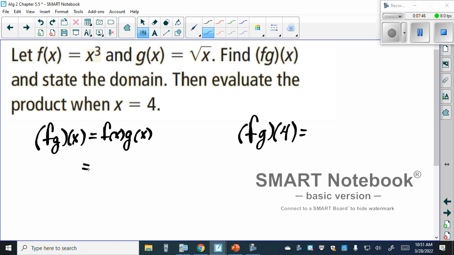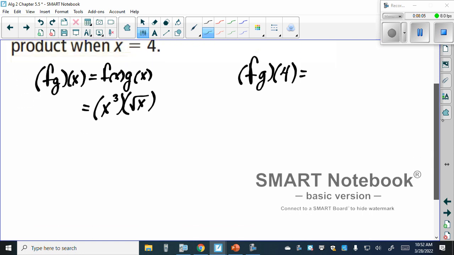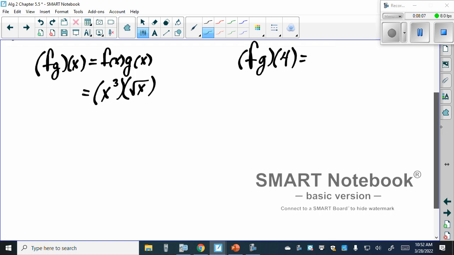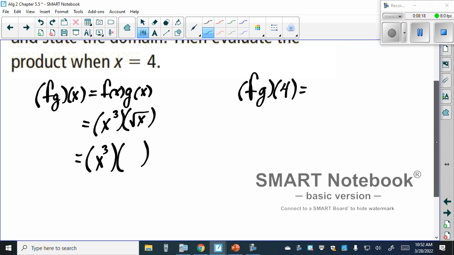And in this problem here, f of x is x cubed. And g of x is square root of x. Now again, for us to be able to multiply these together, we're going to have to rewrite that square root.